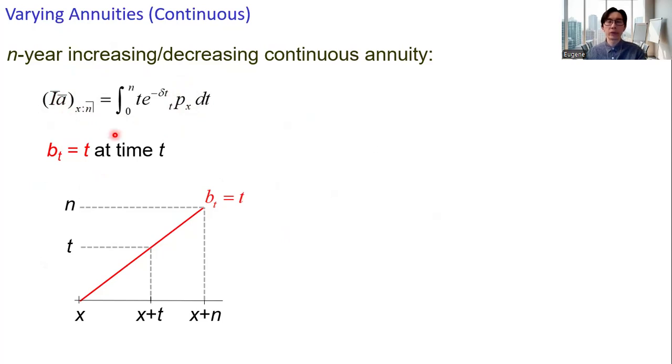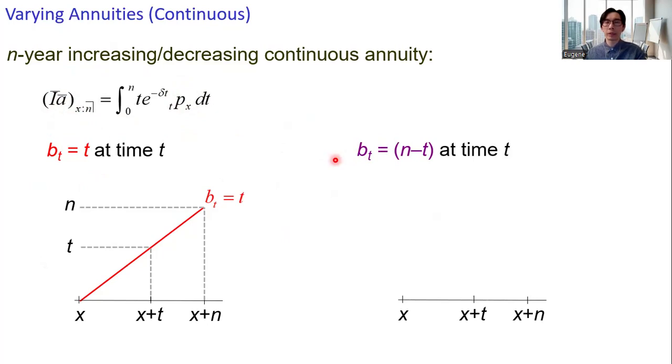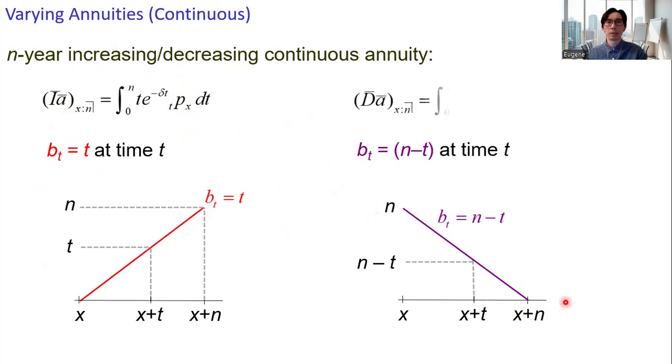For the continuously decreasing annuity, the payment rate is n minus t. Starting at the rate of n, and then gradually decreasing to 0 at time n. The notation for continuously decreasing annuity is D bar A bar x colon angle n. And we have this expression for the actuarial present value.